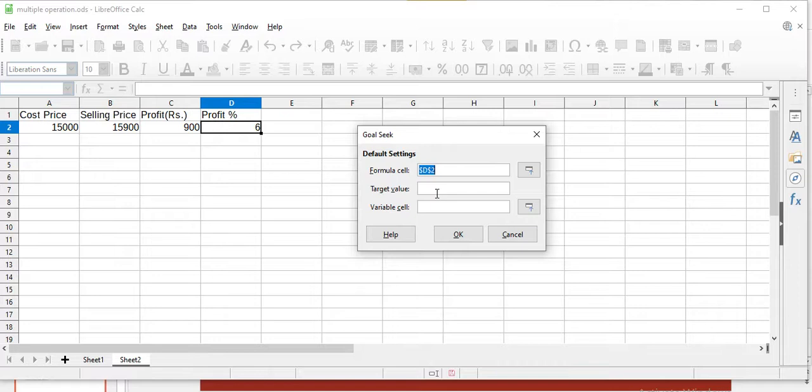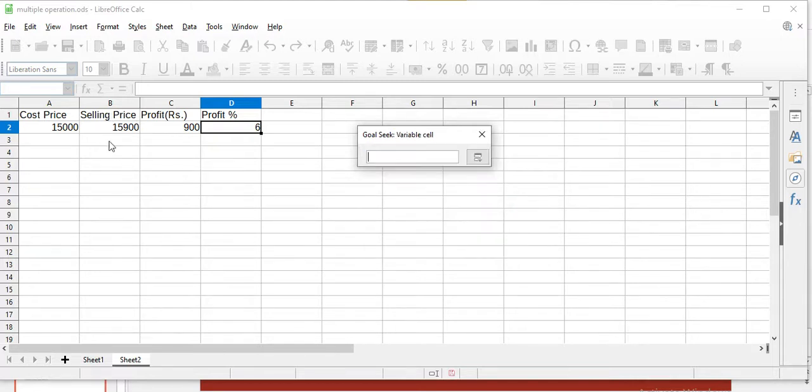Now the target value is what value you want to achieve. I want to have 12%. The variable cell is which cell should get changed, either selling price or cost price. I want to change the selling price, so I'll select the selling price cell and click OK.